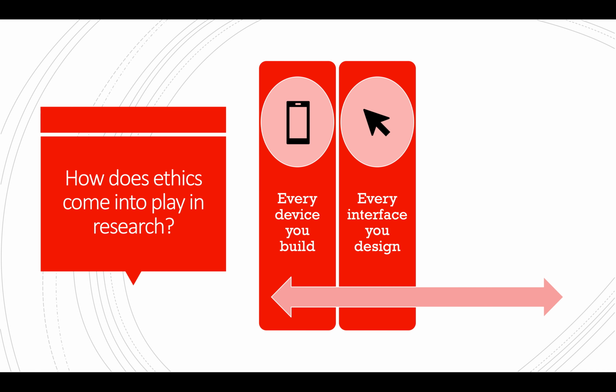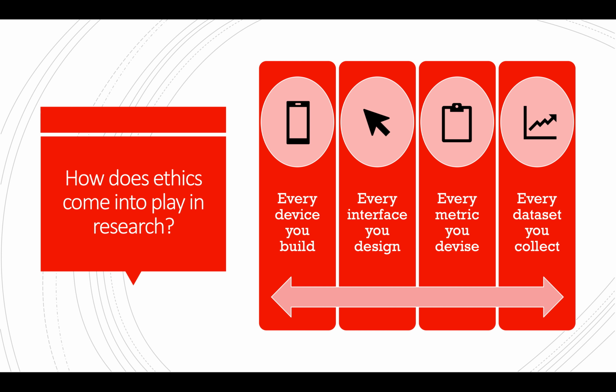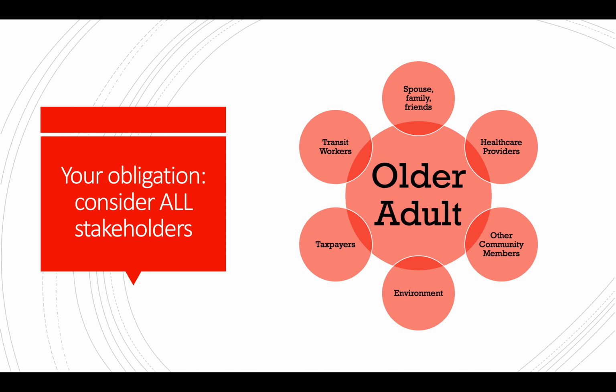Every interface that you design, the ways that you allow people to interact with a device or a system that you build, also any metric that you devise, so a survey that you design to collect data, and any wide-scale data set collection that you are in charge of obtaining and maintaining, all of these things have in common the fact that they embed values, and there are ethical implications to the way values are embedded in all of those things.